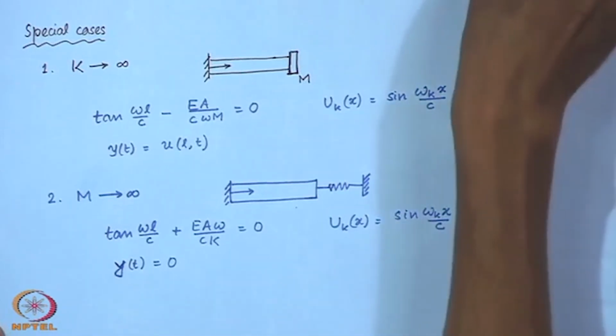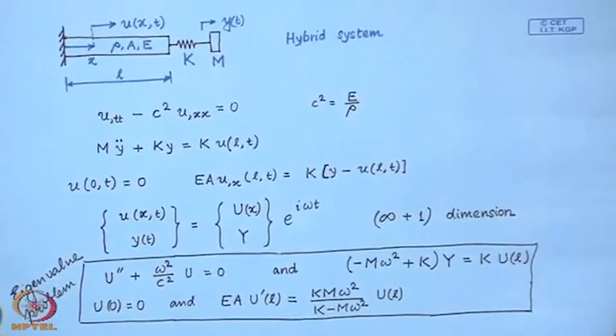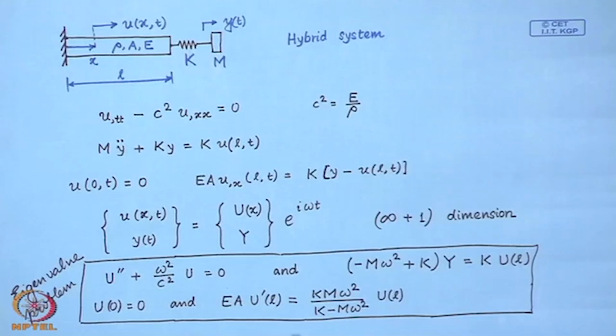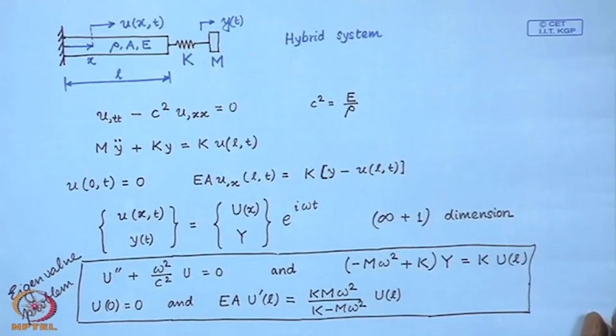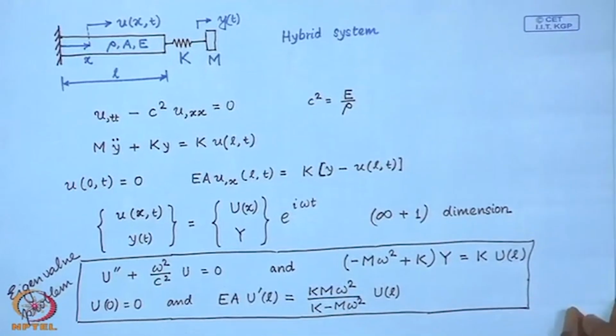Now, if you look back at this example, what we have discussed, and if you see this eigenvalue problem, you see this boundary condition here is dependent on the circular natural frequency or the eigenvalue itself. So, in this system the boundary condition is a function of the eigenvalue.